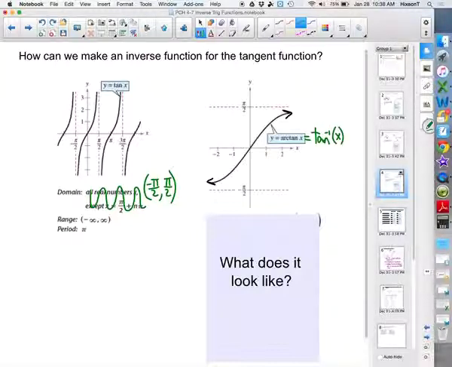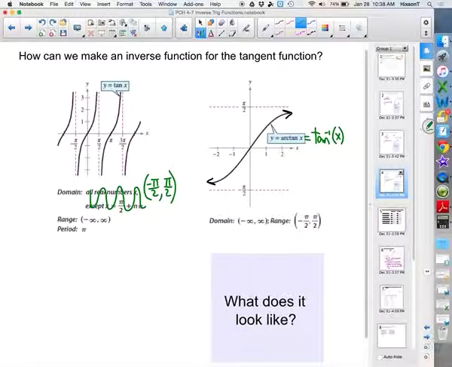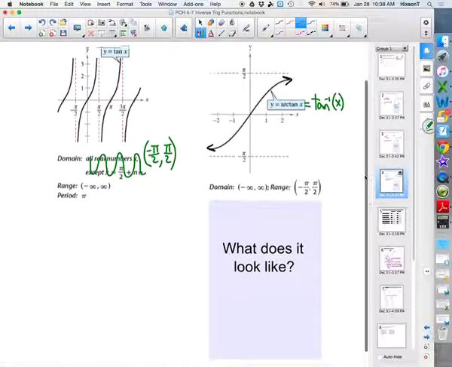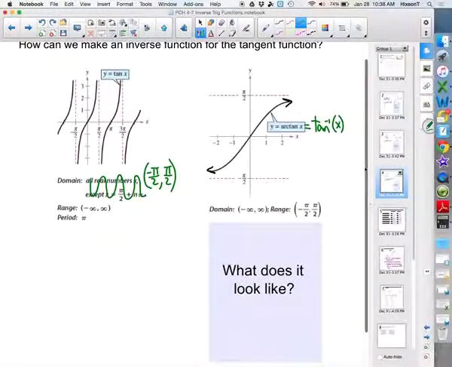What's the domain? All real numbers. Okay? And my range is? Pi over 2 to negative pi over 2. There you go. Okay? Again, we're just switching the domain and range from the original tangent to be the domain and range of our inverse tangent.